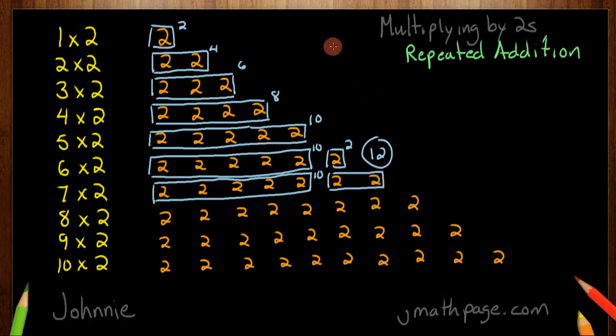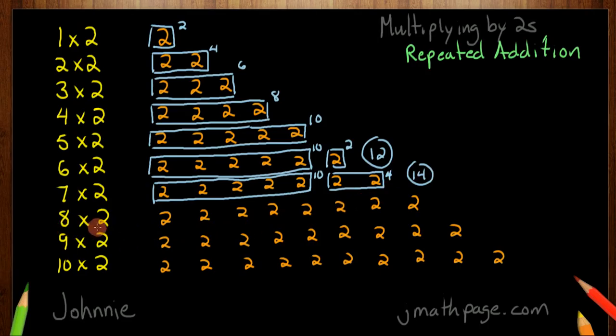Well, if I go back up here, I see that two 2's is 4. So if I come down here, I know two 2's is 4. So I know that 7 times 2 is the same as 10 and 4 more, or 14. That's a nice trick.